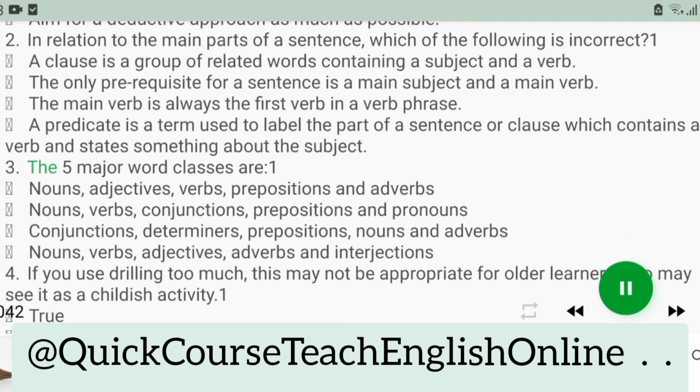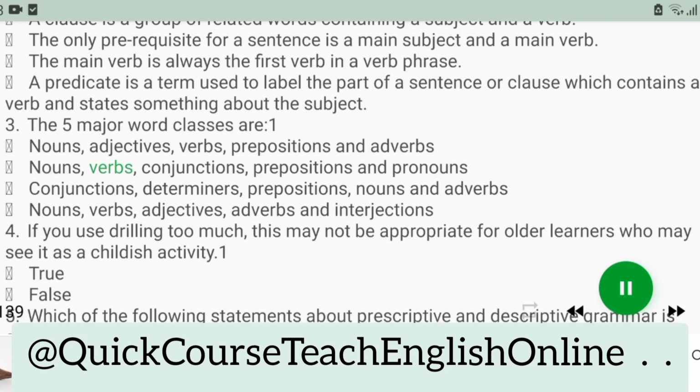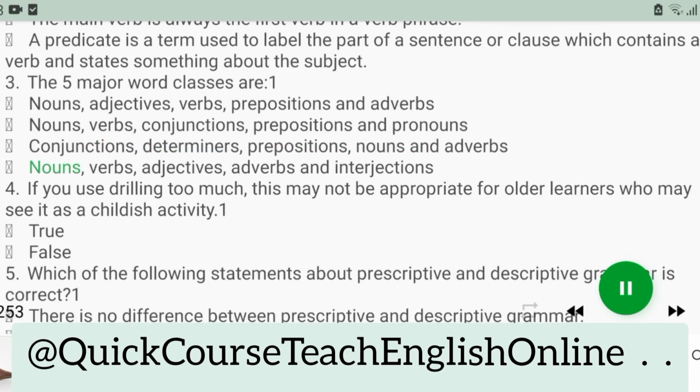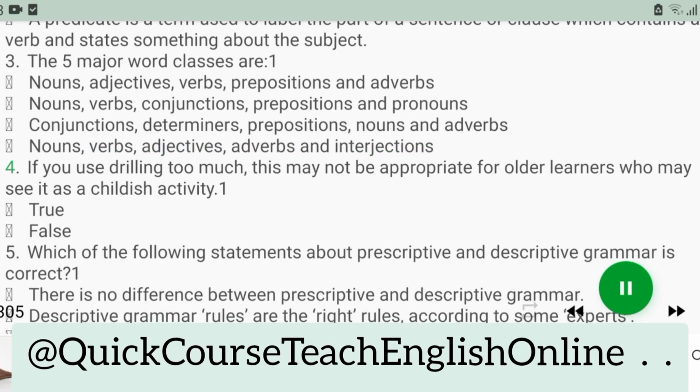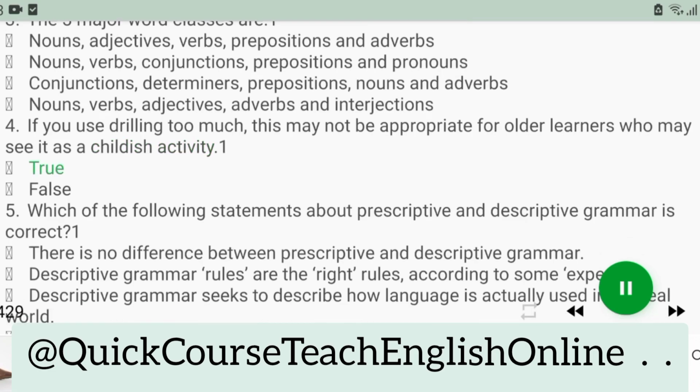3. The 5 major word classes are: 1. Nouns, adjectives, verbs, prepositions and adverbs. 2. Nouns, verbs, conjunctions, prepositions and pronouns. 3. Conjunctions, determiners, prepositions, nouns and adverbs. 4. Nouns, verbs, adjectives, adverbs and interjections. 4. If you use drilling too much, this may not be appropriate for older learners who may see it as a childish activity. 1. True. 2.